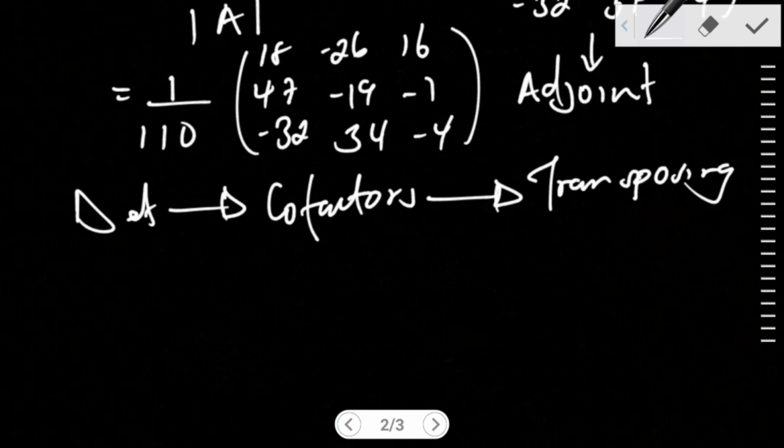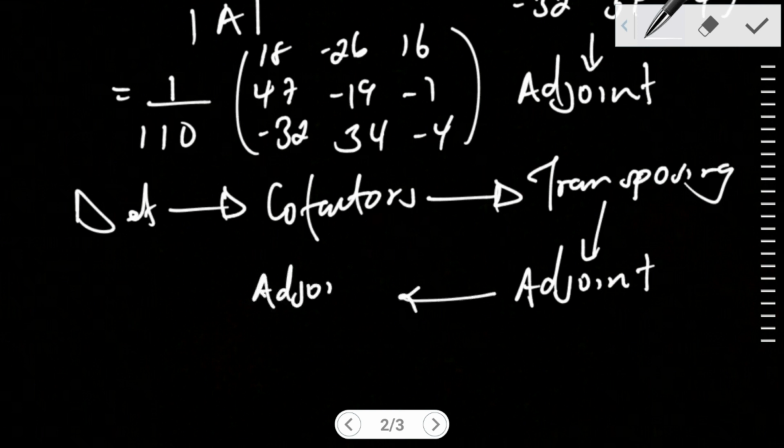After transposing, we got the adjoint. Then we divided the adjoint all over the determinant of A. So these are the steps you follow when determining the inverse of a 3x3 matrix.